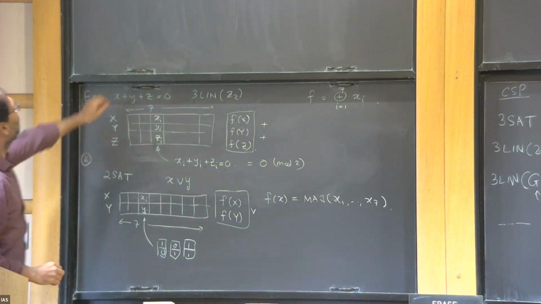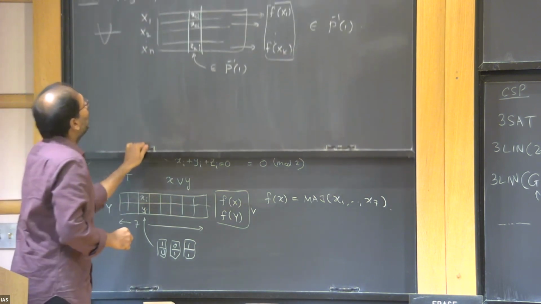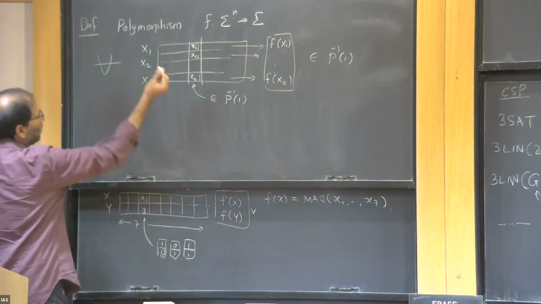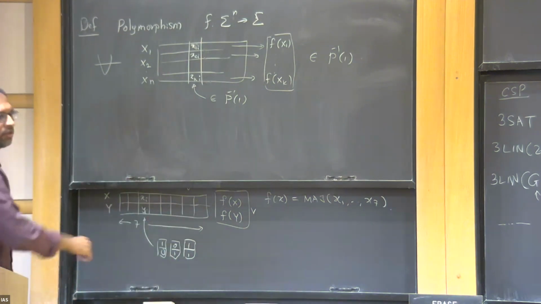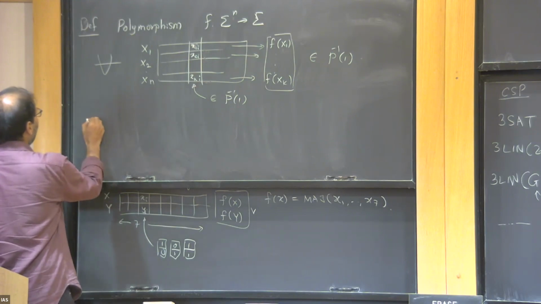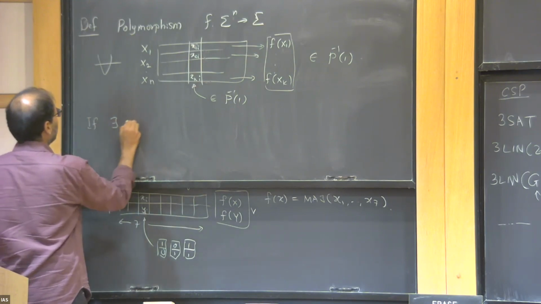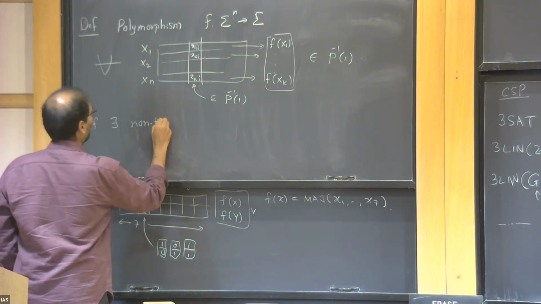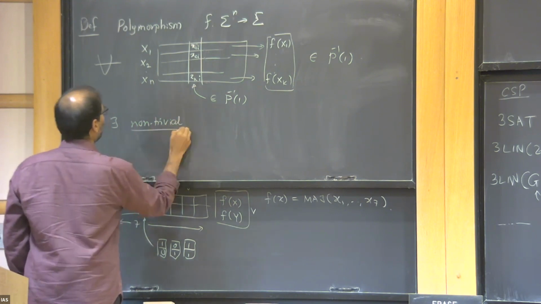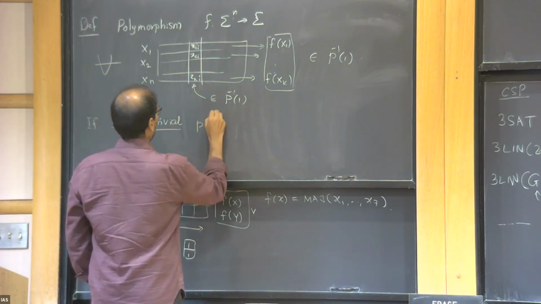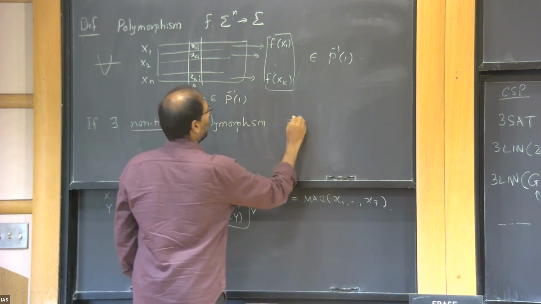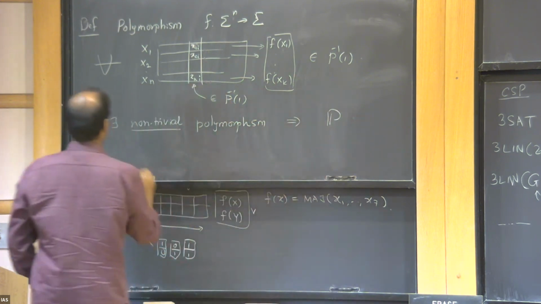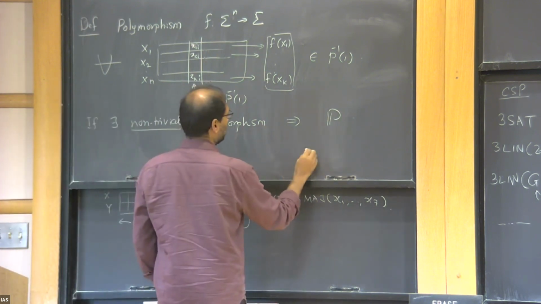Yeah, the theorem, which is this proposed characterization by Bulatov, Jeavons, and Krokhin, and that's the eventual theorem: if there is a non-trivial polymorphism, non-trivial meaning something which is not a dictator, then the predicate is in P, and NP-hard otherwise.